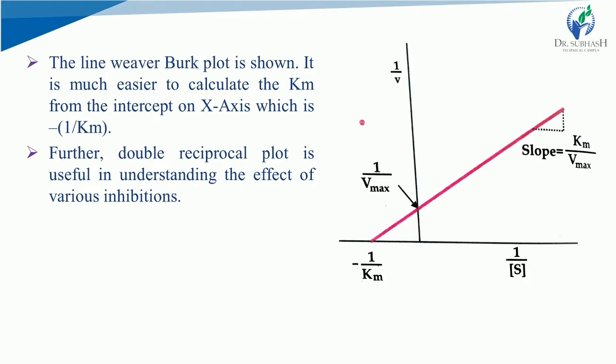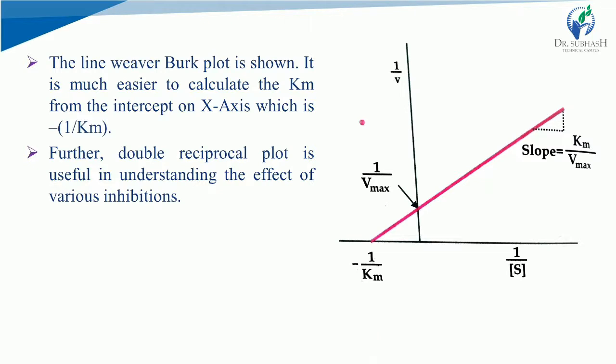You can see in this graph why it is called a double reciprocal plot: there are partitions here, just like how graphs divide into positive and negative. On the x-axis you will see minus 1 divided by Km. This is the reason it is called a double reciprocal plot, and it is really helpful in understanding the effect of various inhibitions.